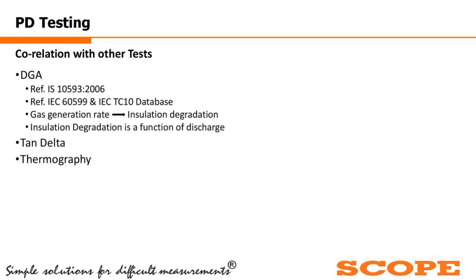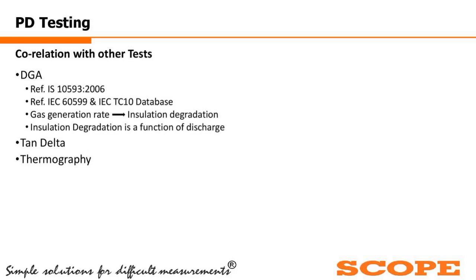Similarly, for partial discharge there are different correlation methods, like referring to the DGA results. If you are getting PD but the DGA says everything is fine, then you have to really think about whether the kit is giving the proper reading, or how severe it is.